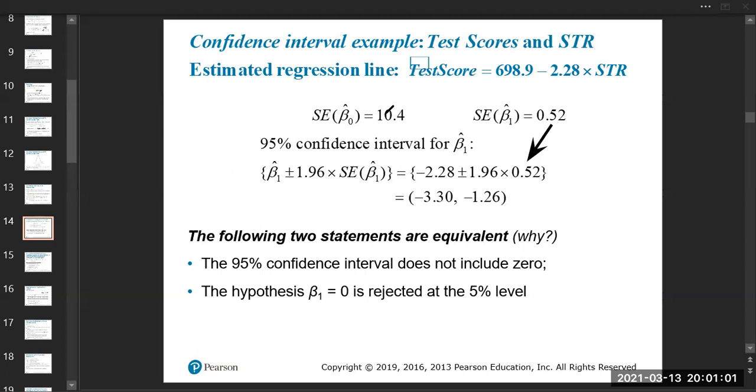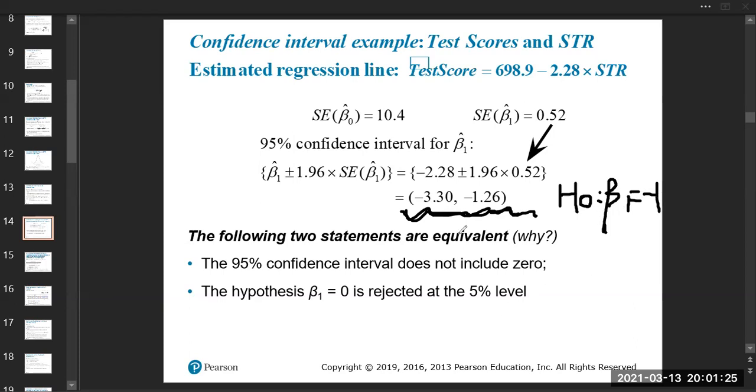So if I ask whether you can test H0 that beta 1 equals minus 1? Yes, because minus 1 is not inside this range. If minus 1 is not inside this range, then I can reject beta 1 equals minus 1 at the 5% level.